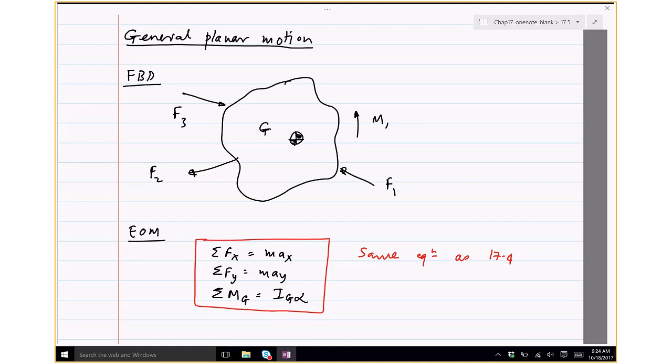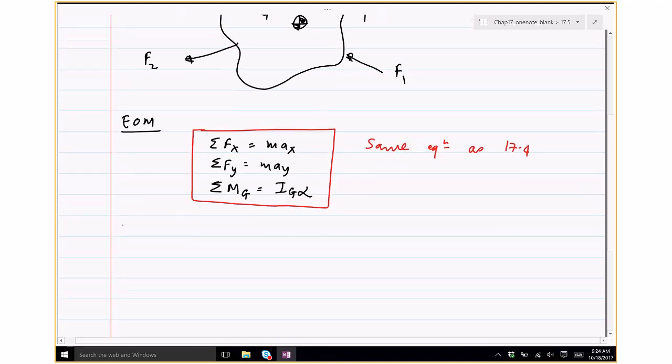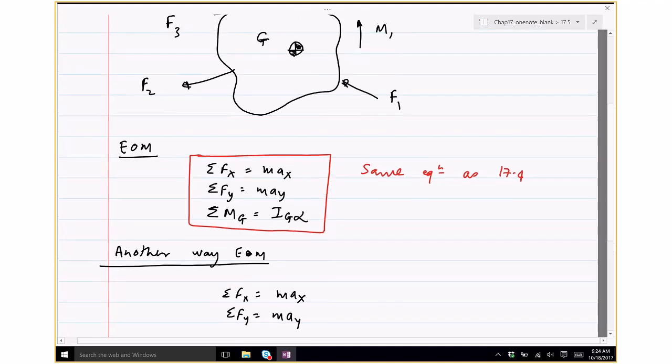So if you like, you can also find the equations of motion another way. So you'll have Fx equals m a_x, Fy equals m a_y, and then let's assume there's an arbitrary point P. And you want to take the moments about point P. Point P is not fixed like the previous problem.